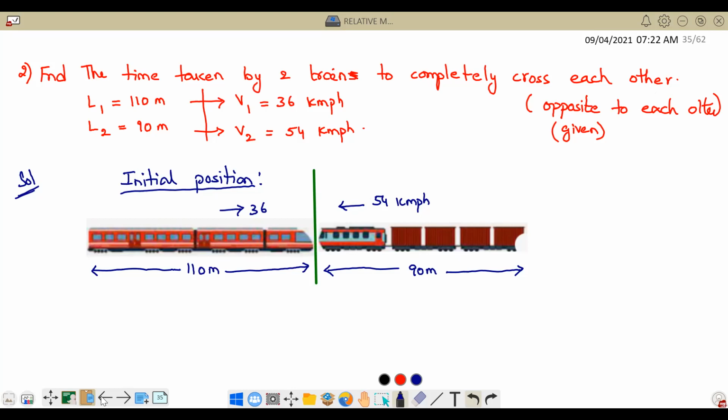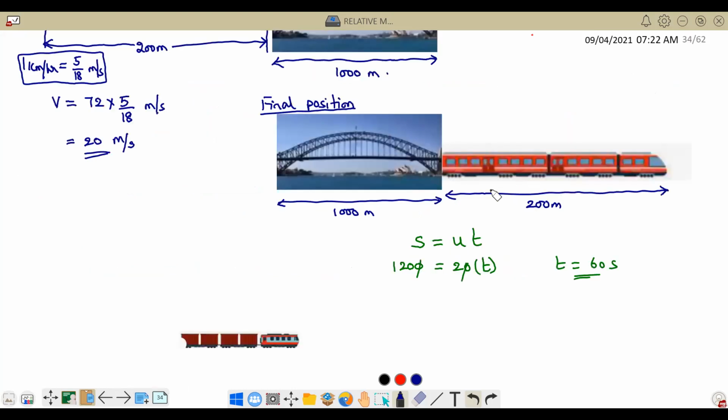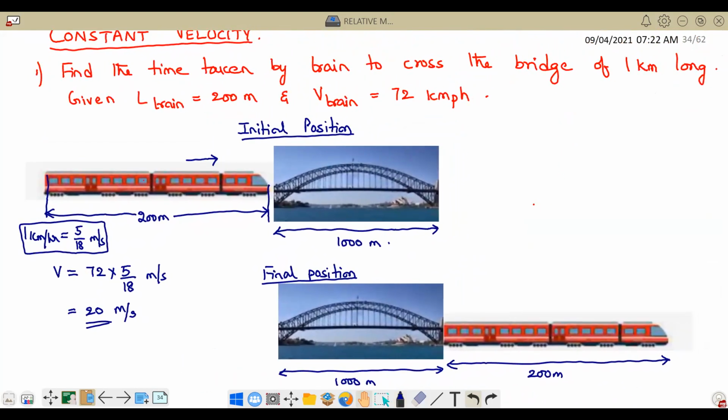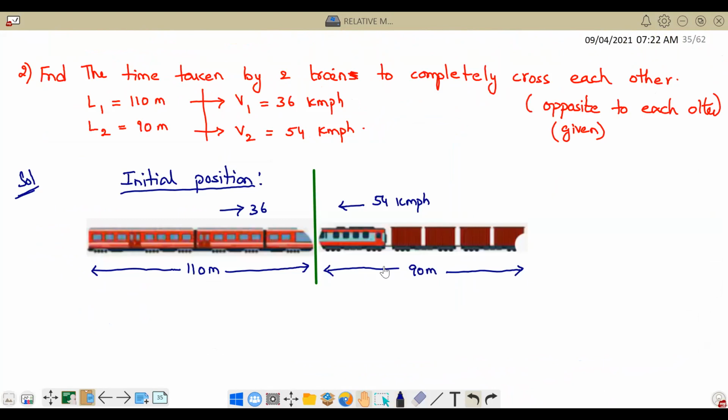Now, in the previous problem it was only one train, so we could easily solve it. But whenever two objects are moving simultaneously, what should we do? Apply the relative velocity concept.